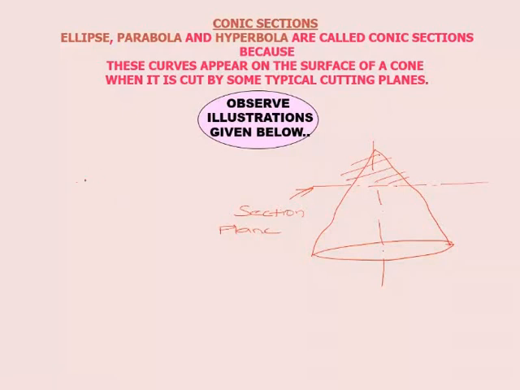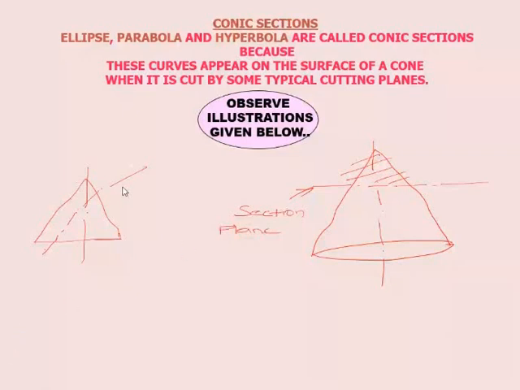In the same cone, if I incline my section plane such that it is parallel to any one of the generators, because we have n number of generators, what will I get?